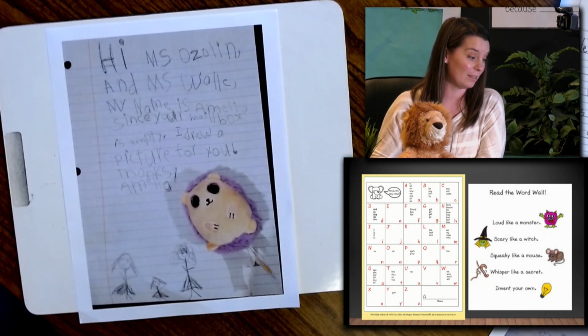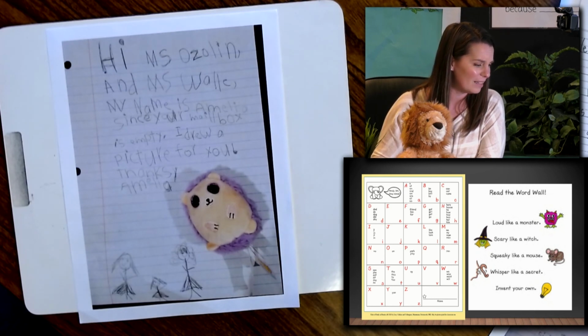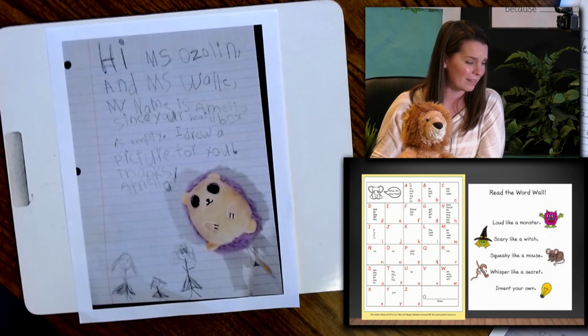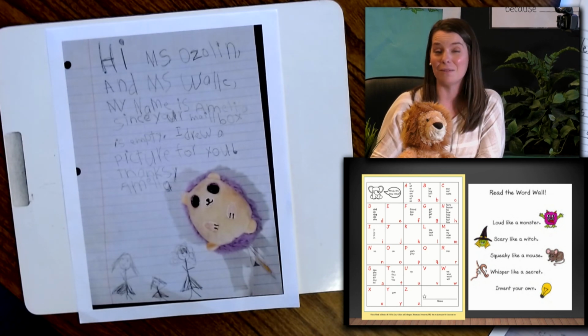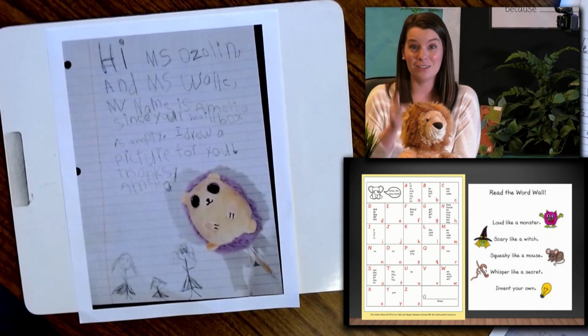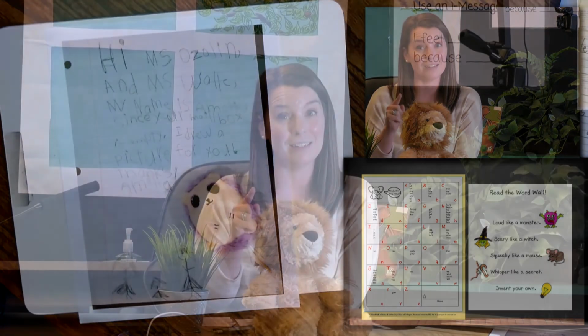I see that she spelled Miss Wally and my names correctly because names are important. She used snap words. She has finger spaces. She has capital and lowercase letters. Well done, Amelia. Now, first graders, you could send us a letter here and we will read it on air, just like we did Amelia's.